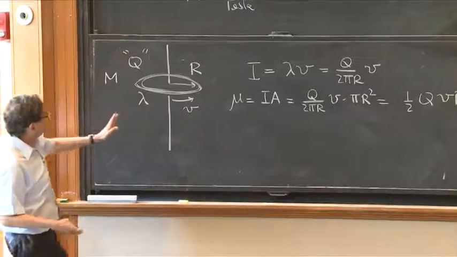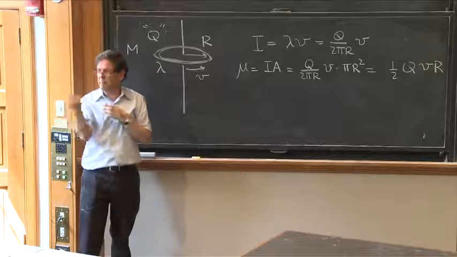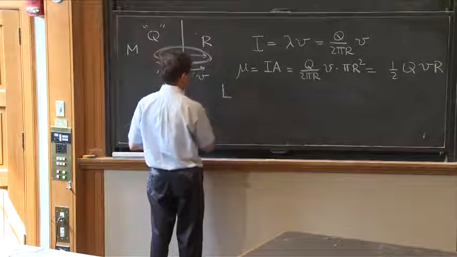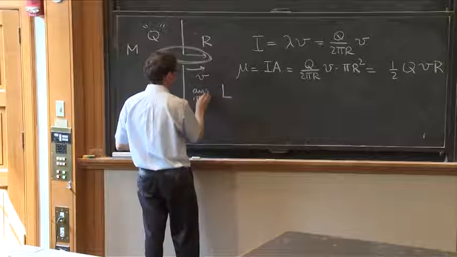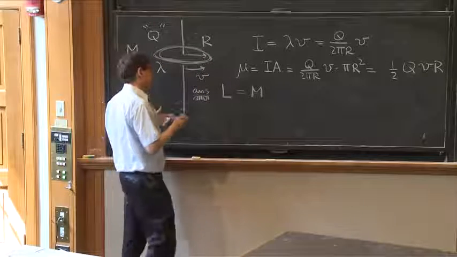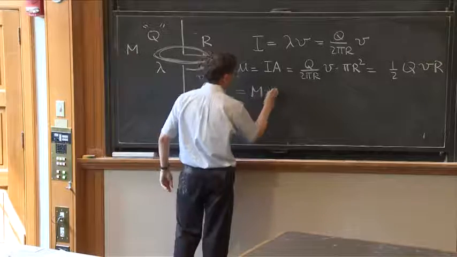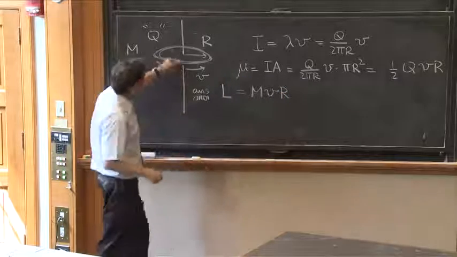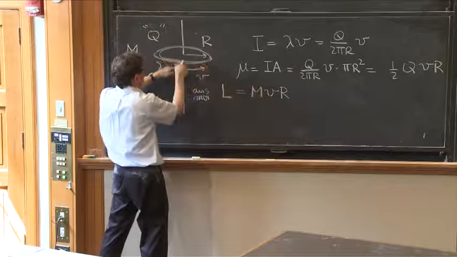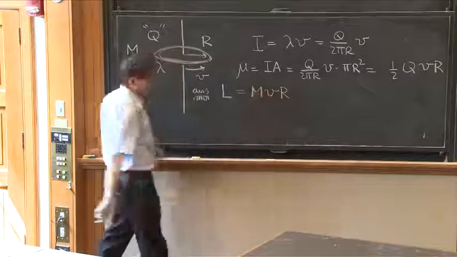So here the magnetic moment is supposed to be going up, but what else is going up? The angular momentum of this thing is also going up. So what is the magnitude of the angular momentum L? Well, it's the mass times the momentum. No, it's r cross p, so mvr. The r cross p for each piece contributes the same, so you just take the total momentum, that is really 0, but add them up little by little, and you've got your mvr.